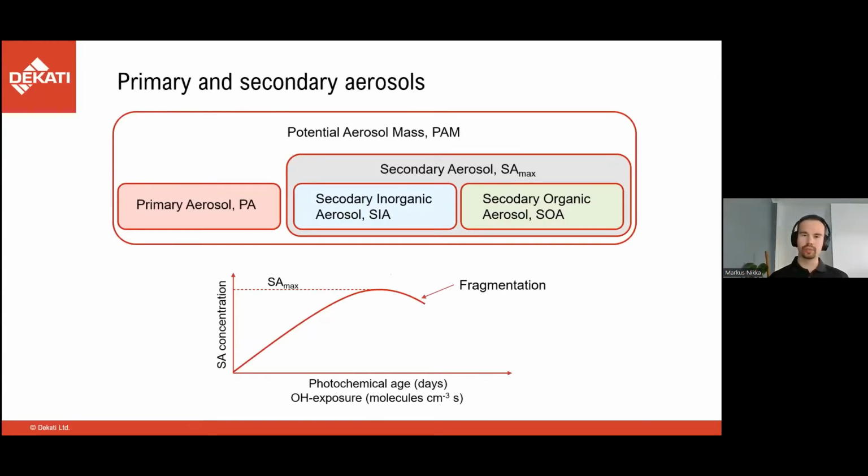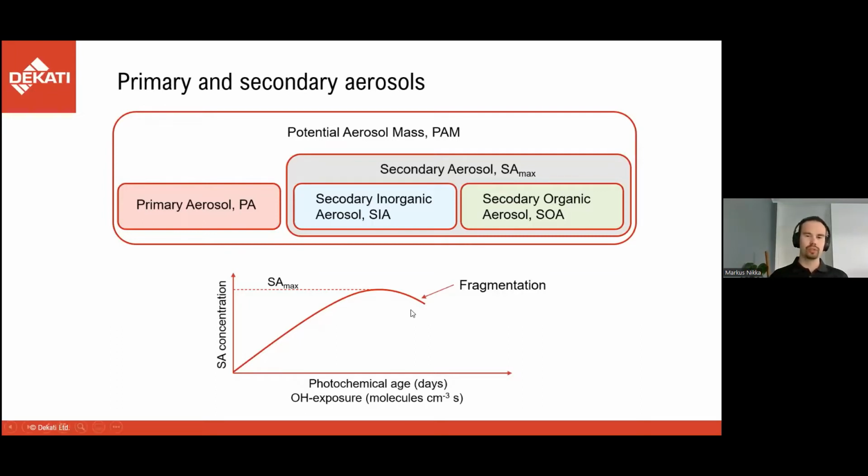Here I introduce the concept of potential aerosol mass, or PAM. The potential aerosol mass describes the maximum amount of particulate mass that can be produced from a certain emission source.